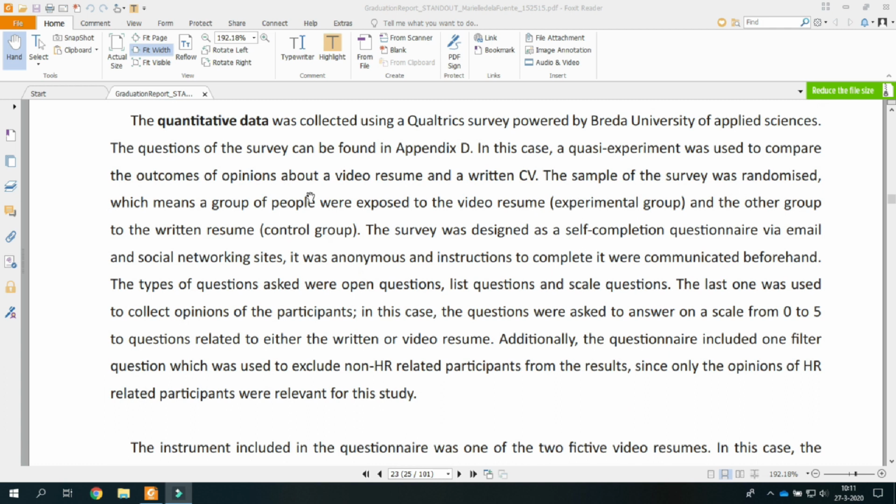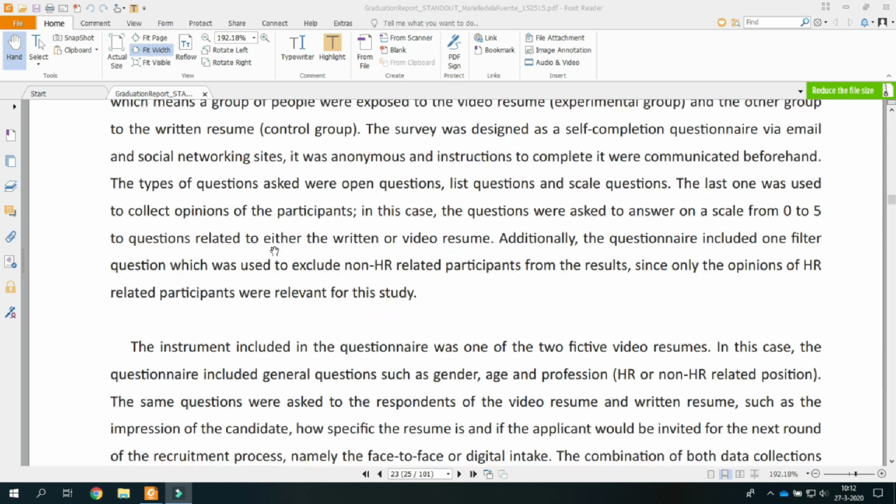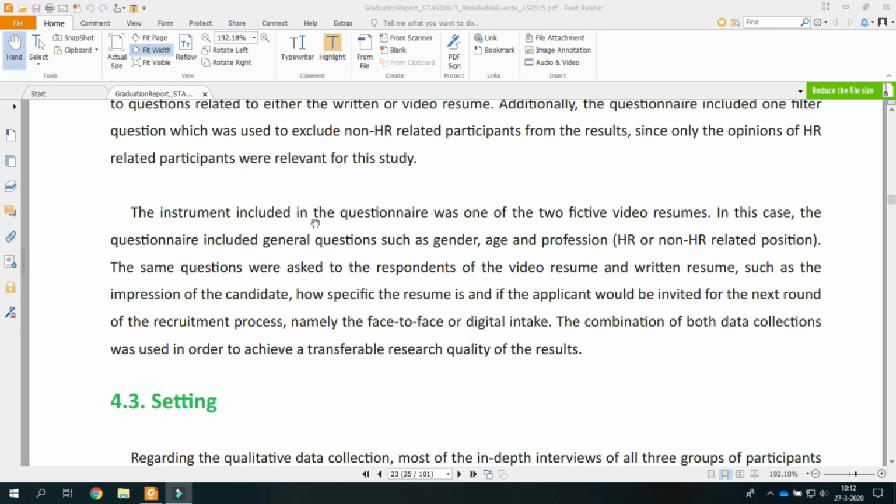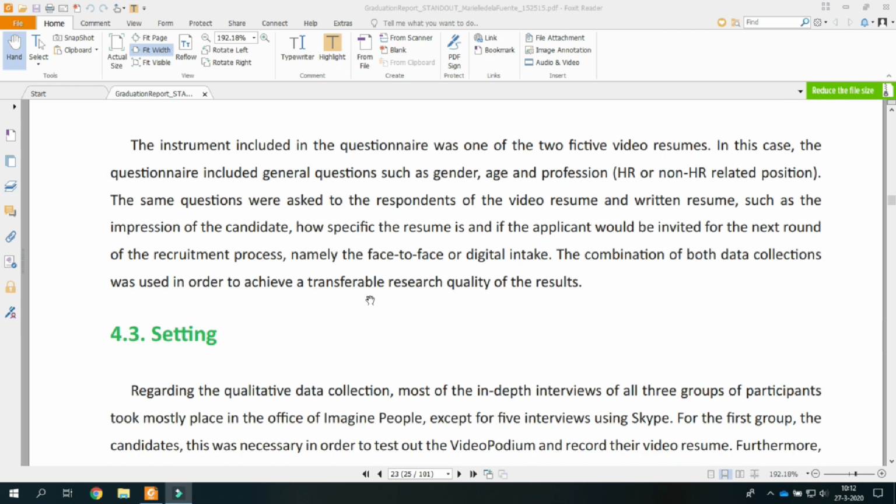The sample was randomized, which means that a group of people were exposed to the video and the other one was exposed to a traditional written resume. The instrument included a questionnaire and one of the two fictive video resumes. In this case, the questionnaire included general questions such as gender, age and profession.